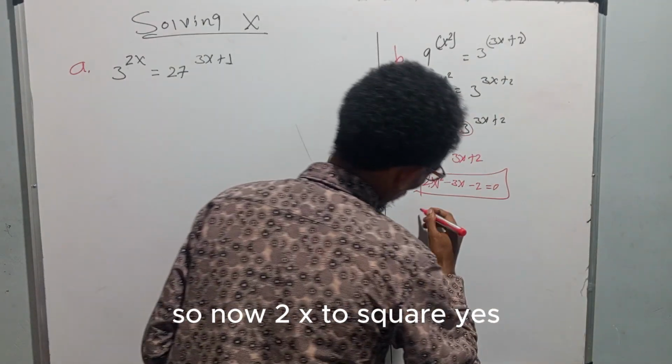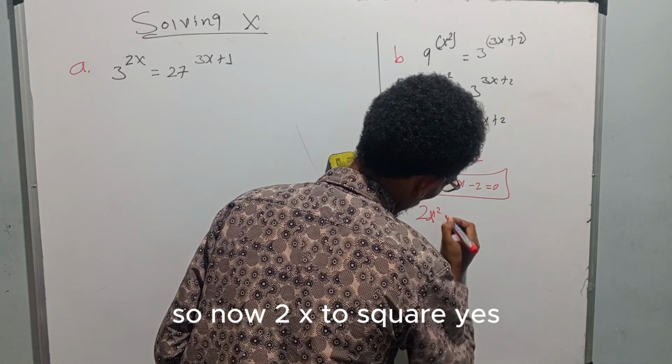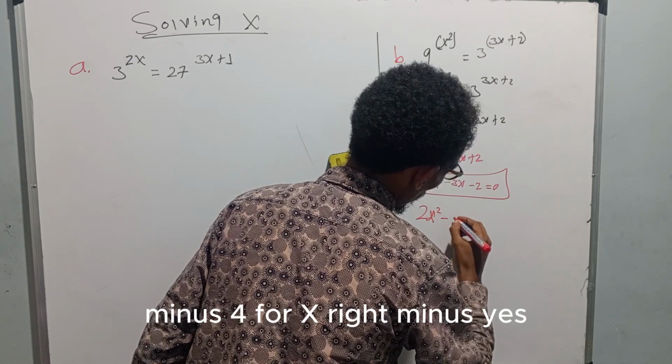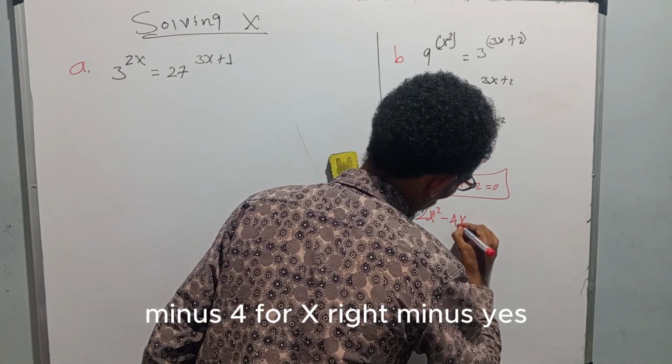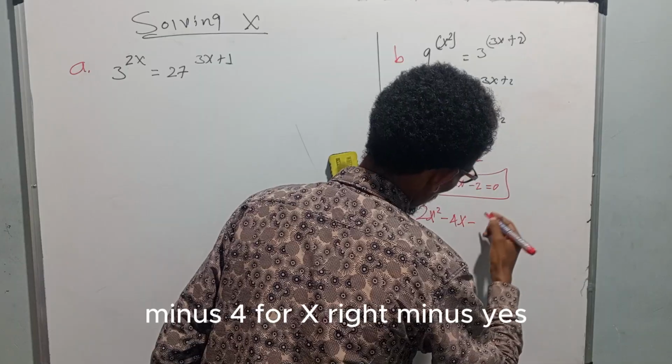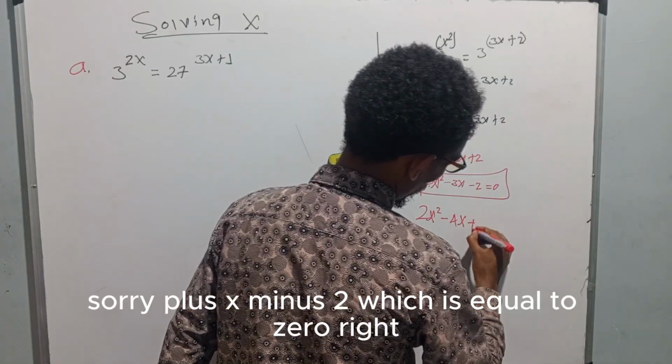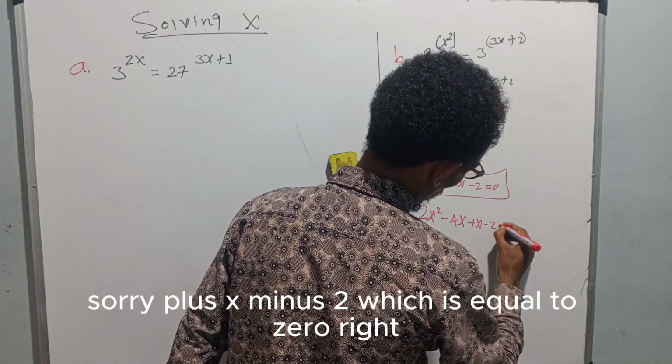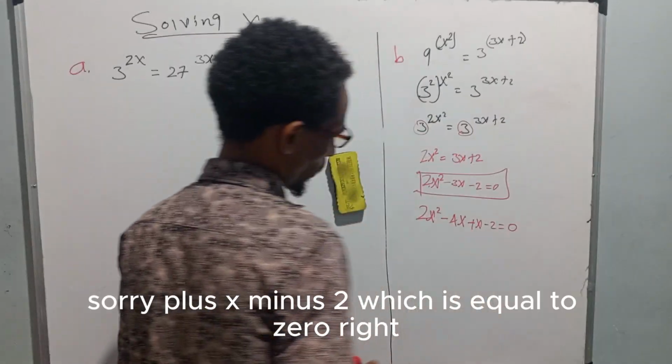So now 2x squared minus 4x plus x minus 2 is equal to 0, right?